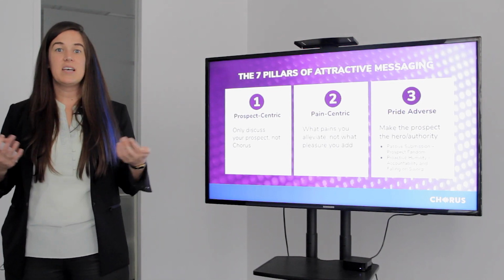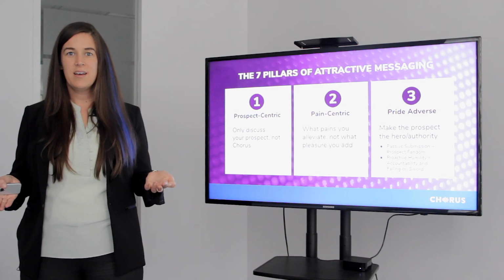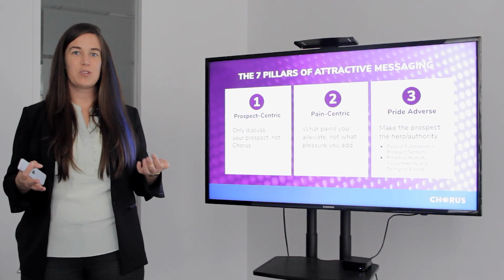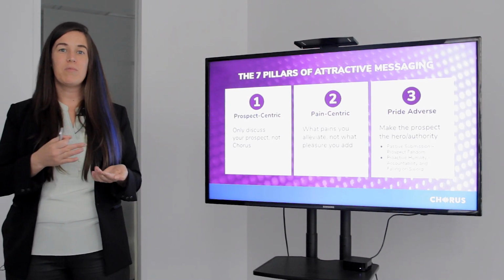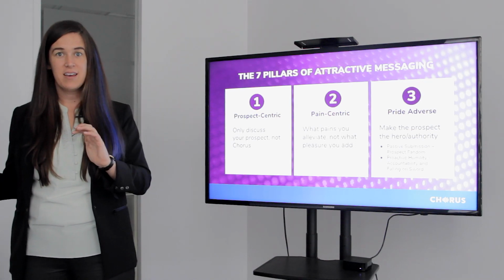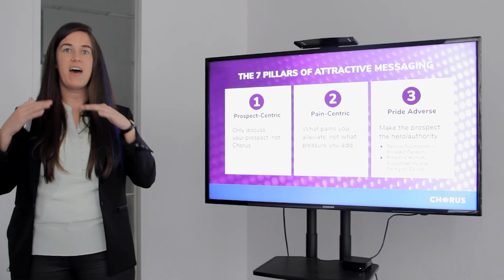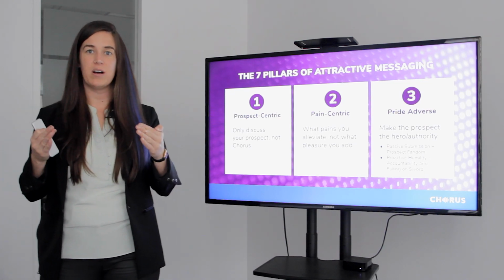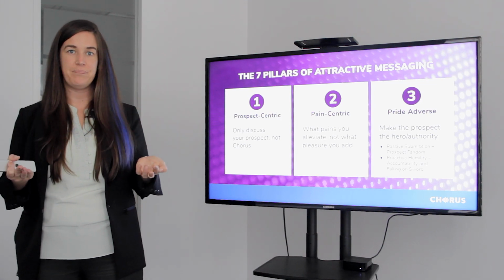But even down to social proof, for instance, I don't say we're working with Slack. I want to dictate out to my prospect the reason why I'm mentioning that social proof. So I'd say, we're working with companies like you in terms of size, for example, Slack. So you want to give them reference, even for social proof, of how it relates to the prospect that you're writing to, so that you make sure to make that email all about them.